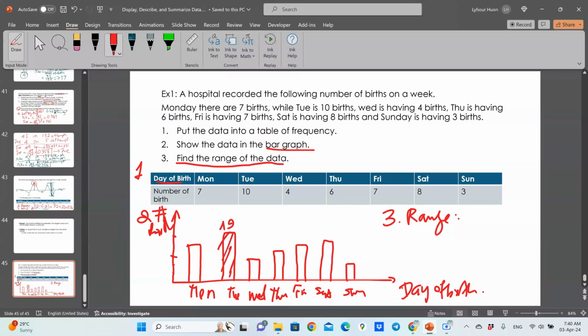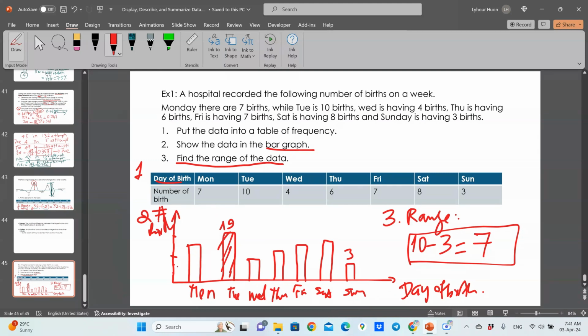So the range is 10 minus 3, which equals 7. So the range is 7. Okay, so here are the answers, 1, 2, 3. Done.